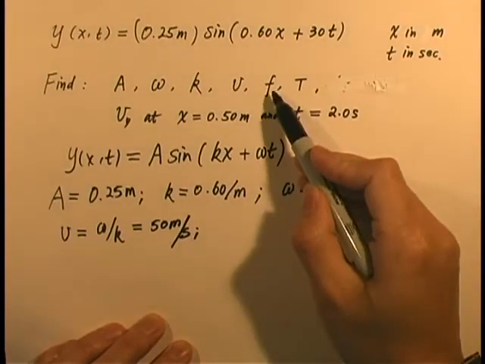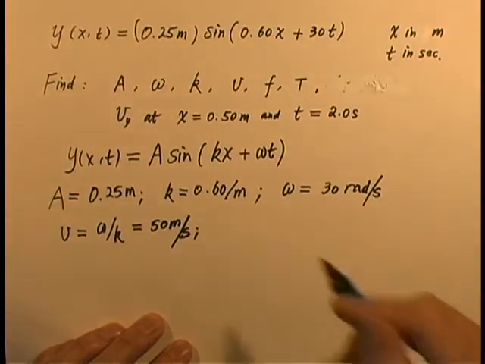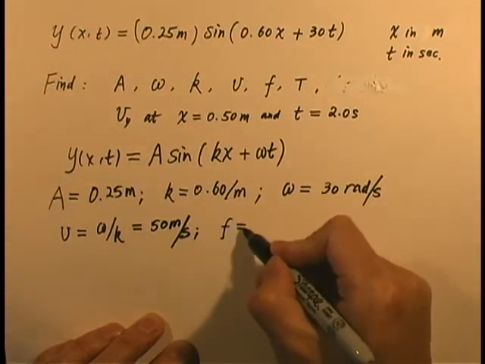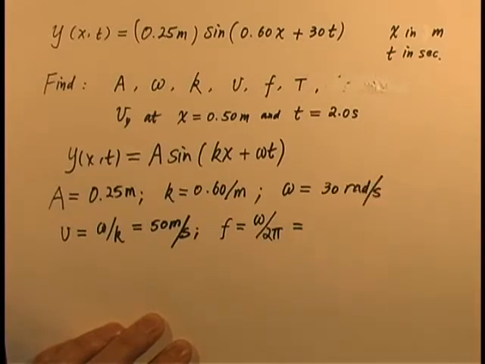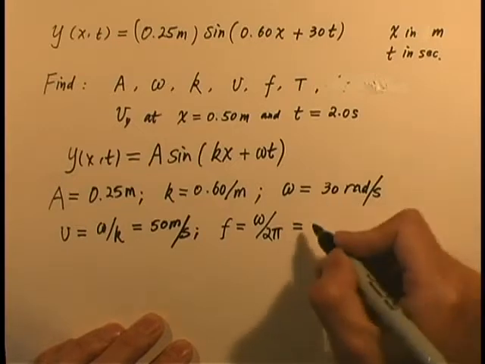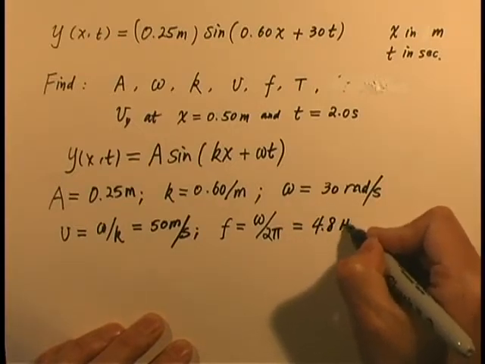Okay, what's next? f and T. And how does one find that? Well, you know what omega is, right? So f is equal to omega over 2 pi. So you take 30 radians per second, 30 over 2 pi, and we're getting 4.8, so 4.8 cycles per second, or 4.8 hertz.